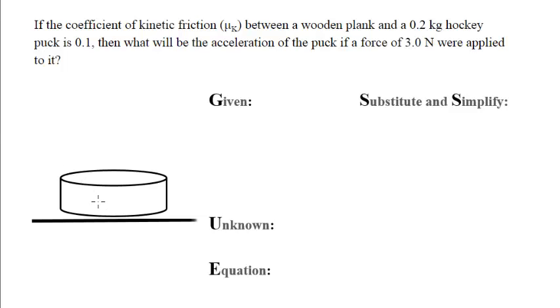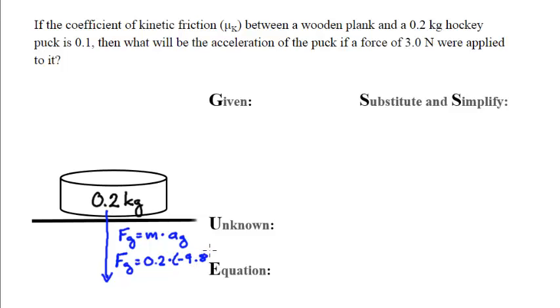First off, I know that this hockey puck is 0.2 kilograms. Now that allows me to start talking about the force due to gravity. And that equals mass times acceleration due to gravity. And so force due to gravity equals 0.2 times negative 9.8.